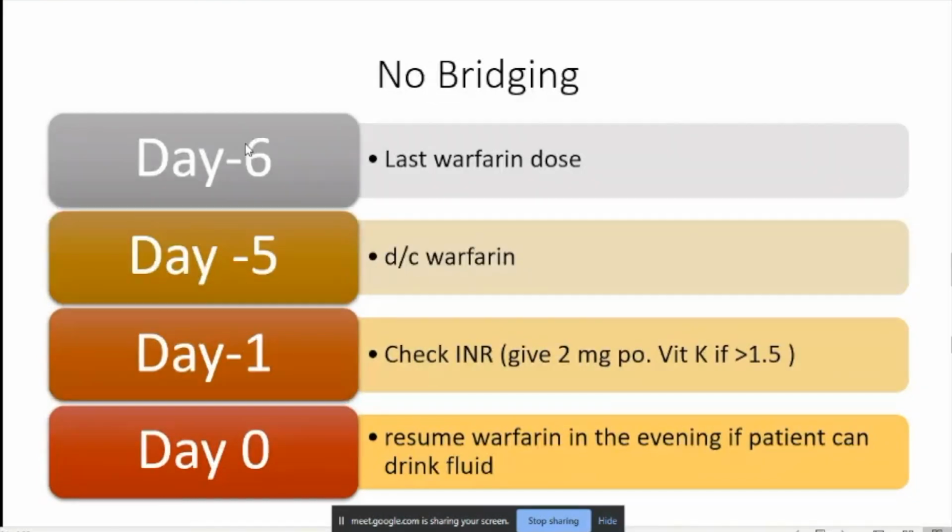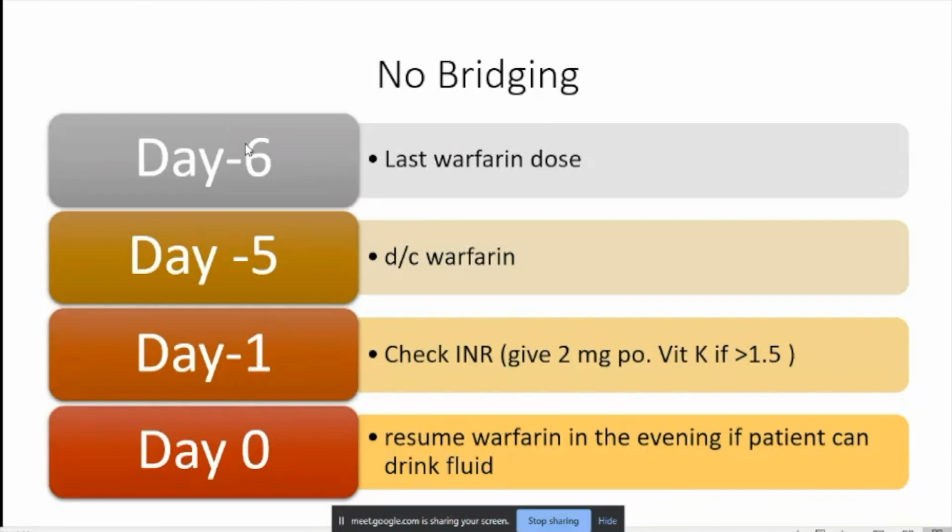Now, what if the patient doesn't require bridging? In that case, it's pretty easy. We don't do the bridging, so we don't worry about the unfractionated heparin or low molecular weight heparin here. So on day -6 from the surgery, we give the last warfarin dose, the same as the bridging.